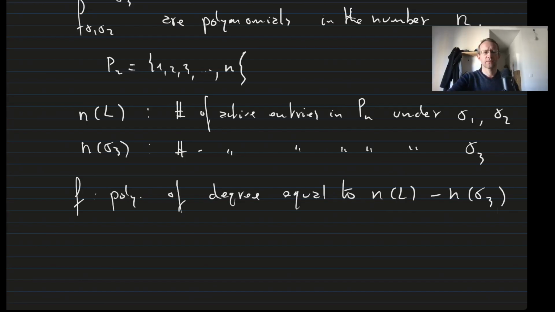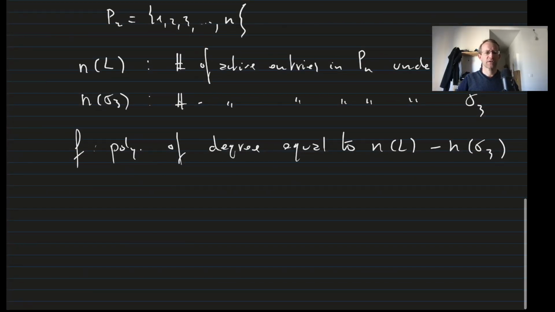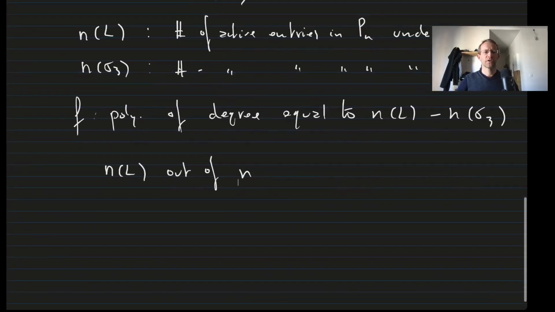Why is this so? Well, the n-dependence of the structure constant will be given by, well, we first have to pick n_L out of n possible colors to distribute over sigma 1 and sigma 2. And this will give a dependence of n over n_L factorial as a function of n in the number of such pairs.